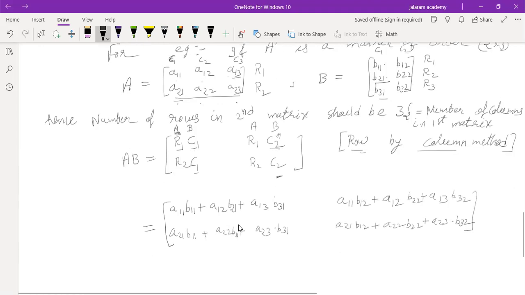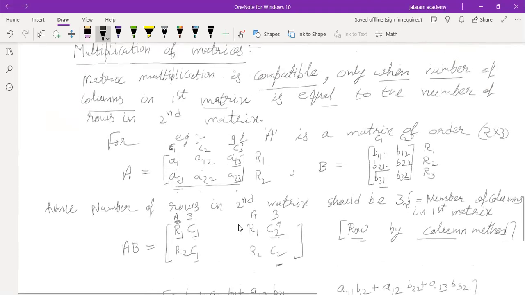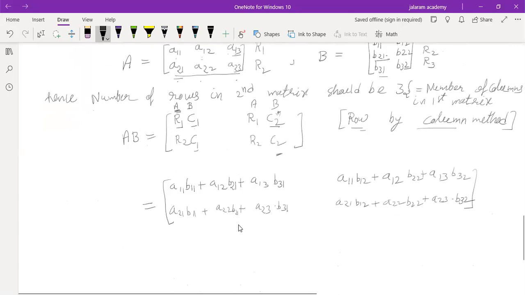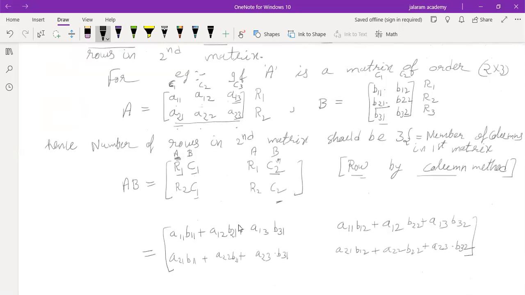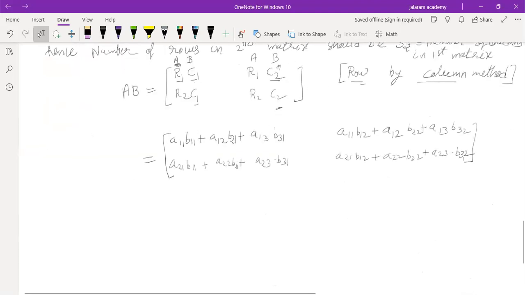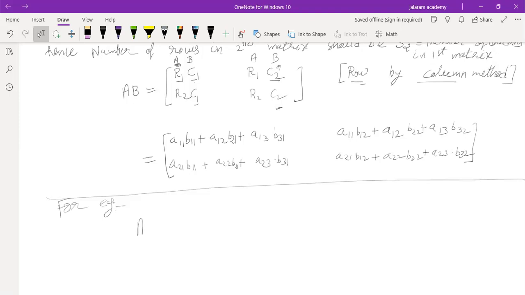So after writing this, now we can multiply the two matrices. For example, we will take the same types of matrices.